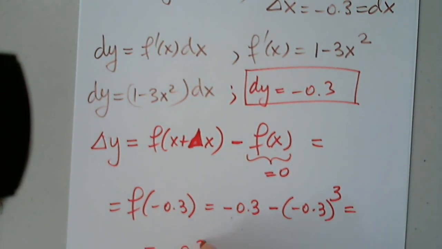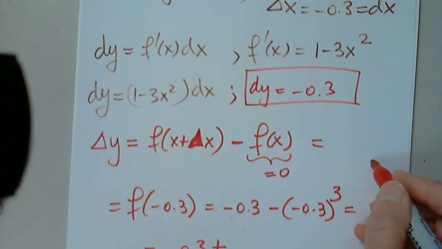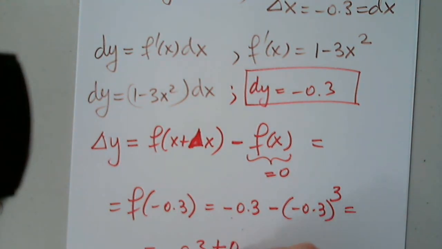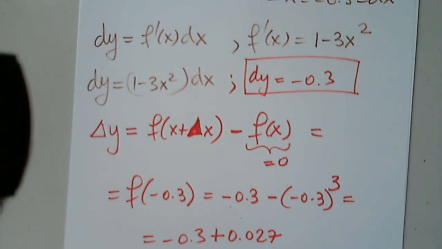Okay, so this is negative 0.3. Negative to the third is negative, with minus in front it will become positive. And this is 27 and 3 zeros. 1, 2, 7. Right? 0.3 times 0.3. So 3 times 3 is 9, 9 times 3 is 27.